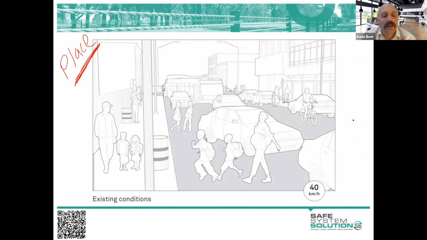So what I want you to do is just in the chat, type in there some things that you might alter in this road environment to get higher alignment with safe system principles, acknowledging that we've identified this as a major place for people. It's got high place value and fairly low movement value, and that's what we're aspiring to do.